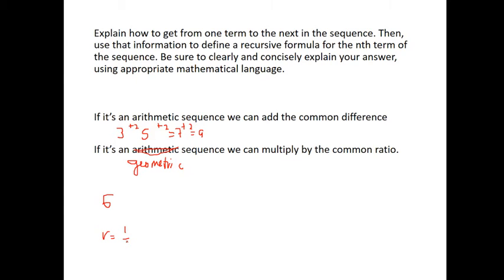So if I multiply this by 1/2, I'm going to get a 3. If I multiply this by 1/2, I'm going to get a 3/2. So that's how you would find the next term in the sequence if you know the common ratio.